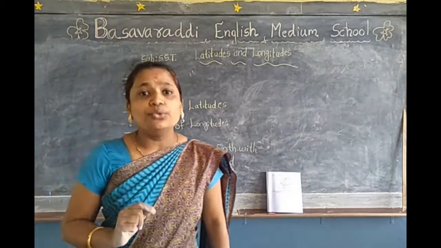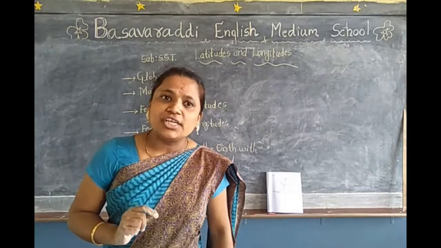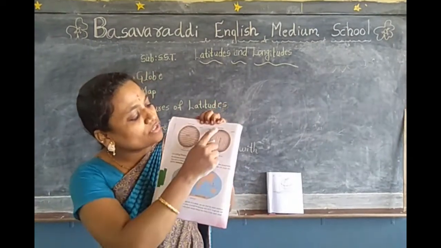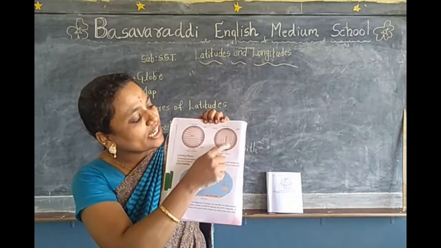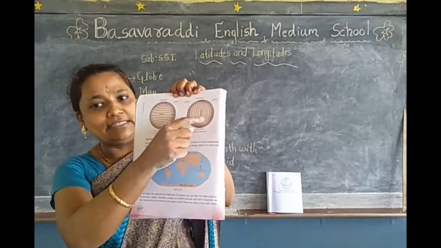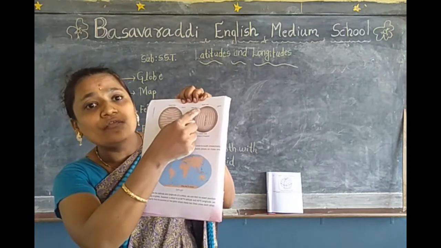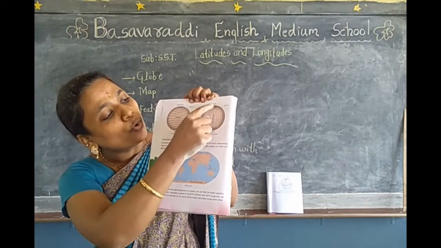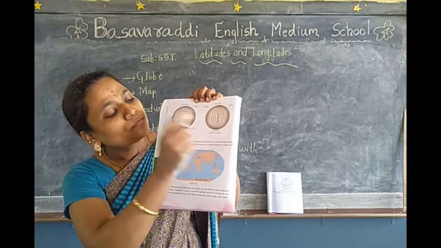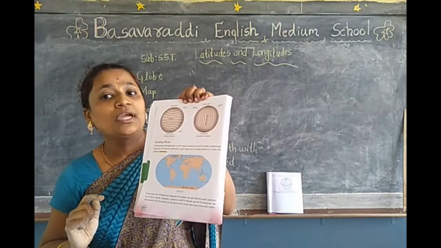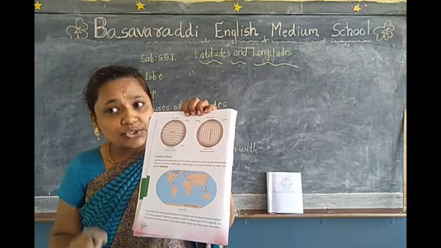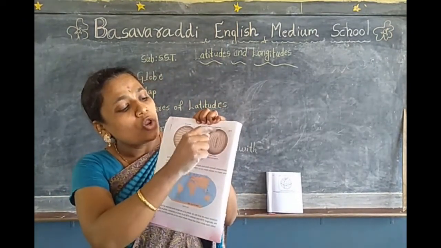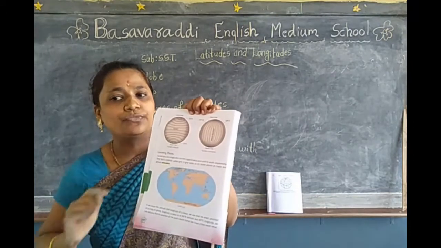The longitudes are imaginary vertical lines running from North Pole to South Pole. They are also called the Meridians of Longitude.